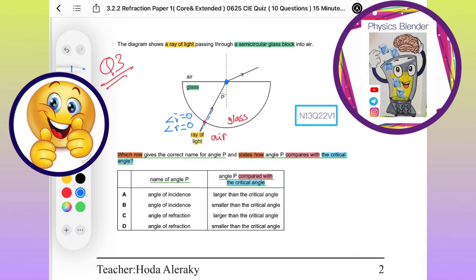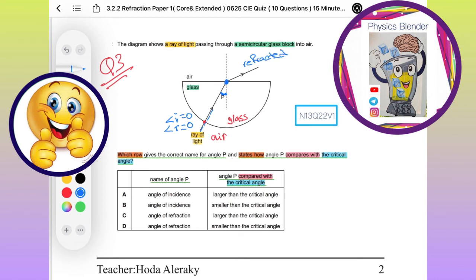Okay, so this question is somewhat challenging, and the question asks for the correct name for angle P. Angle P here is not the critical angle, it's only the angle of incidence. The ray is refracted in air, so this is the refracted ray.